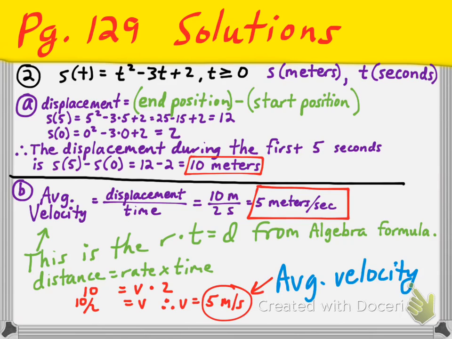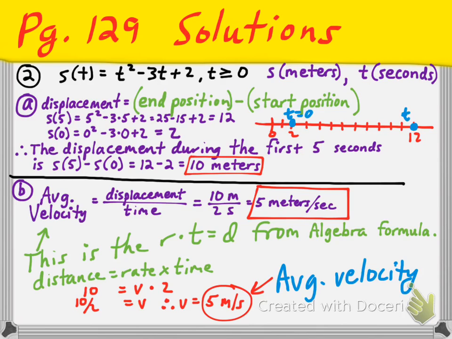If I were to draw a number line, let's say that's position 0. You start here at 2, that's time t equals 0. And then you end up at 3, 4, 5, 6, 7, 8, 9, 10, 11, 12. You end up over here at time t equals 5.